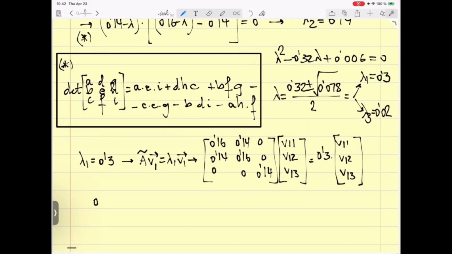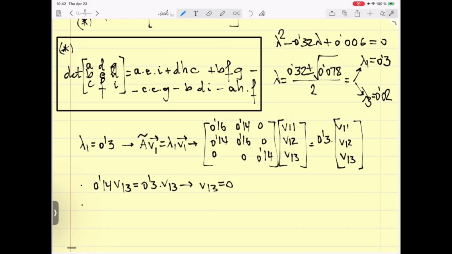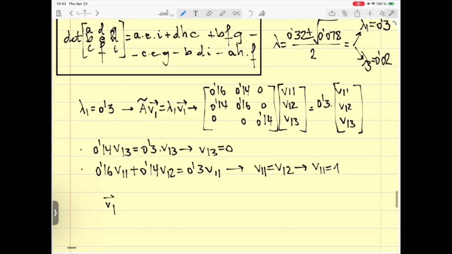So from the last one goes 0.14 times v13 equals 0.3 times v13. This means that v13 has to be 0. Is the only solution. And the second goes like this, 0.14 v12 equals 0.3 v11. This yields that v11 equals v12. So if v11 equals 1, we have our first eigenvector going ahead like this, 1, 1, 0.